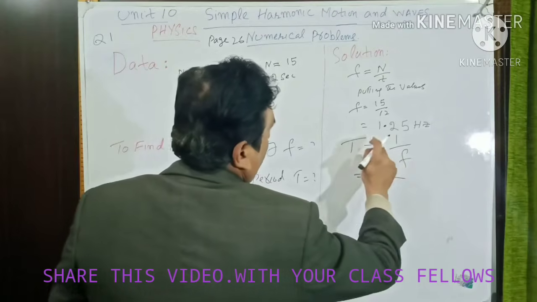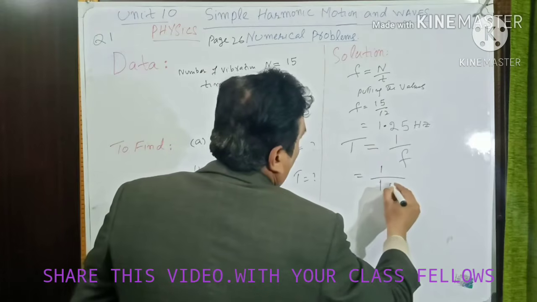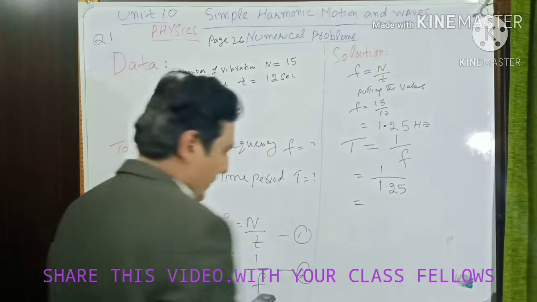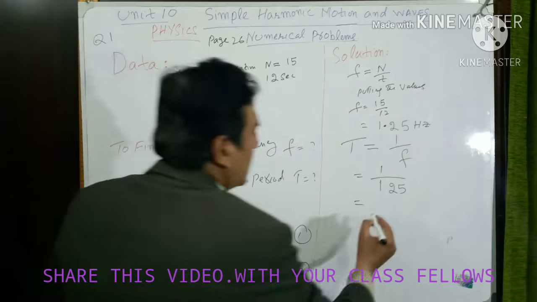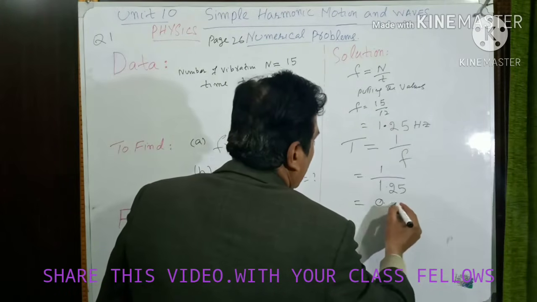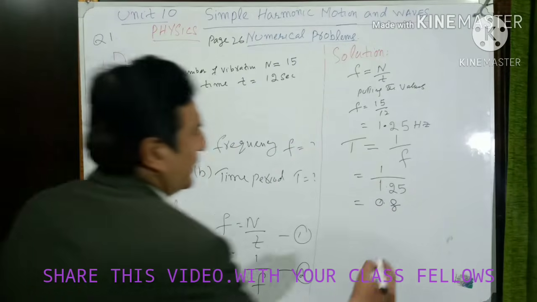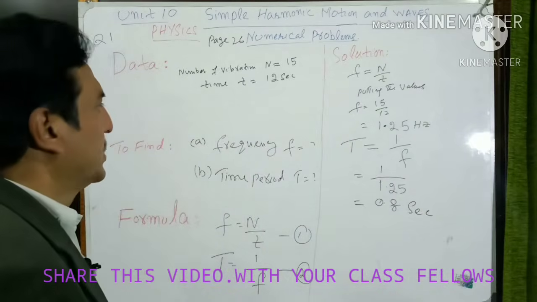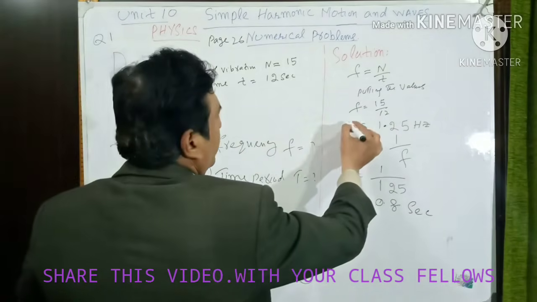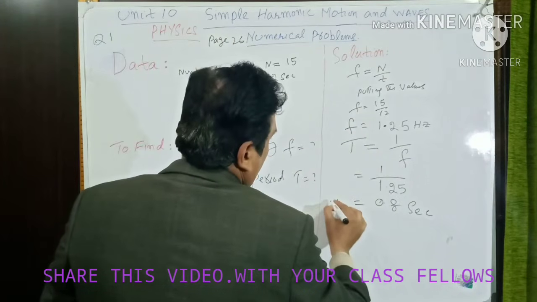Put the value of frequency 1.25. 1 divided by 1.25. Answer is 0.8. The unit of time period is second. So we have 2 answers. One is frequency, and the second is time period.